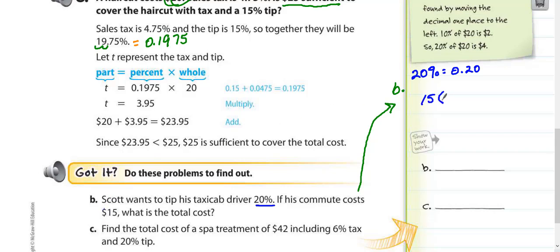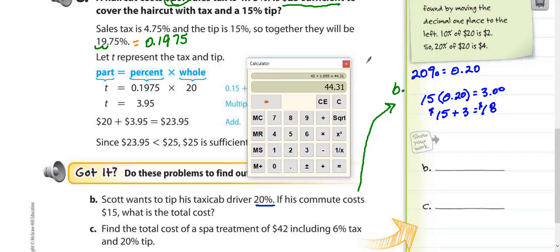So I have $15 times 0.20. Remember how 10% works. 10% of this would be 1.5. So 20% will be $3. And now I've got the $15 commute plus the $3 tip, 18 all together.